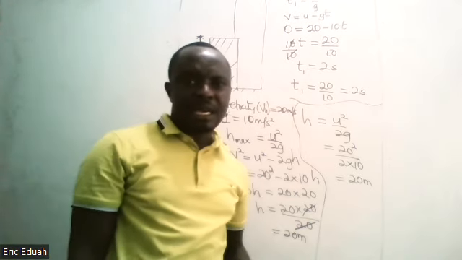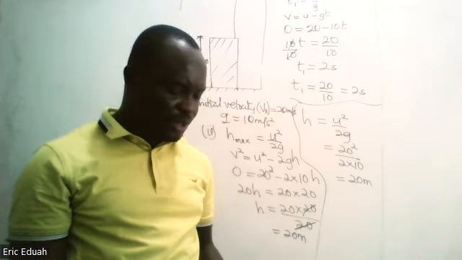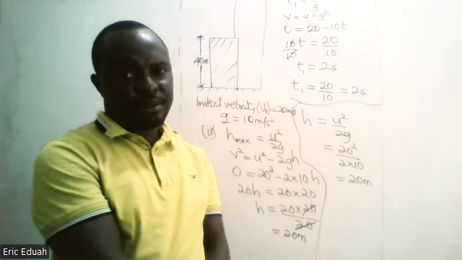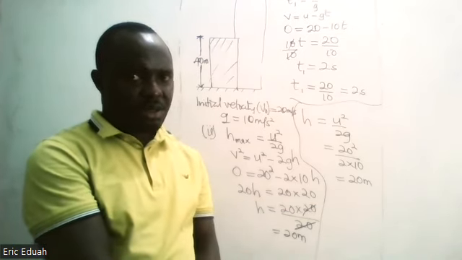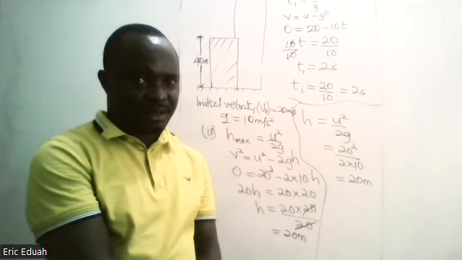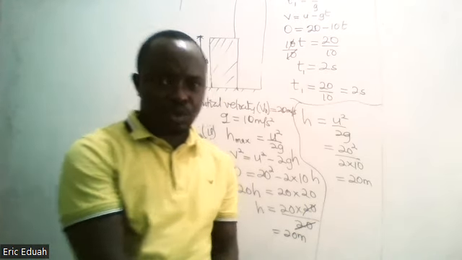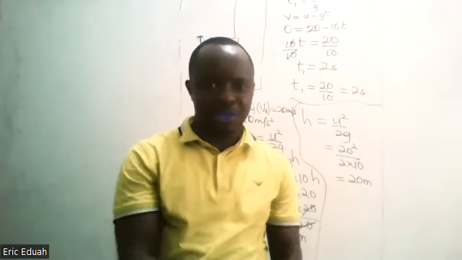Lizzie, Addison, what did you get for this particular question? Please, I just got the question, so I'm now doing it. Okay. Stephanie, what did you get? I got 4 seconds. Then who else? Bushra, what did you also get?